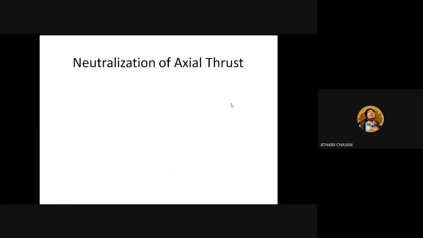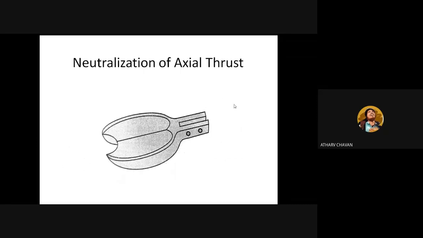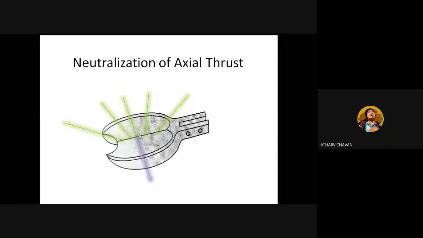Neutralization of axial thrust. This is the bucket which was shown earlier. Now, when the jet strikes the bucket, if this sharp-edged ridge is not there, if it's a plain bucket, a cup-like or bowl-like structure, then whatever jets impact on the bucket will have a resultant force which will act in the direction shown in the figure, the purple arrow. Because of this, an axial thrust will be induced on the bucket.